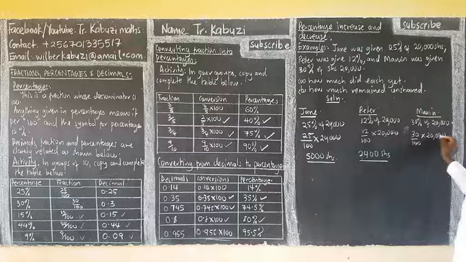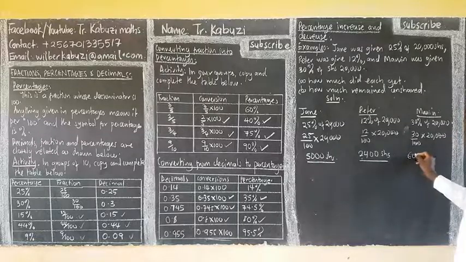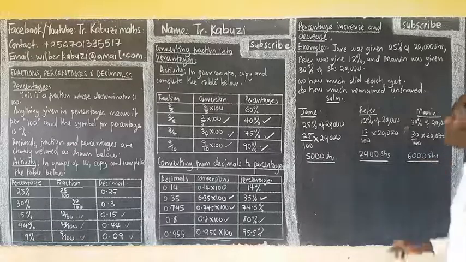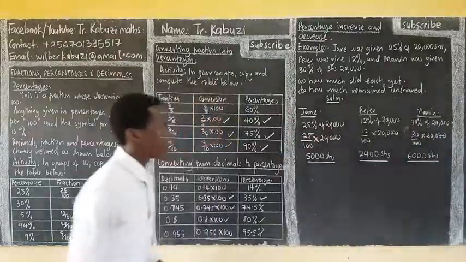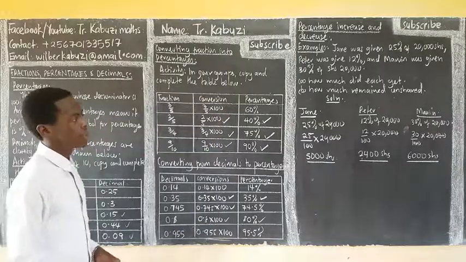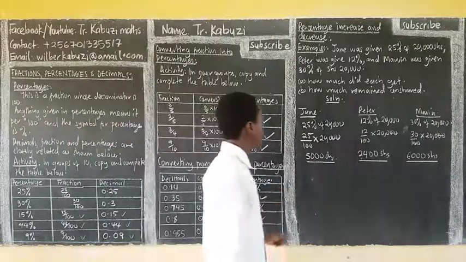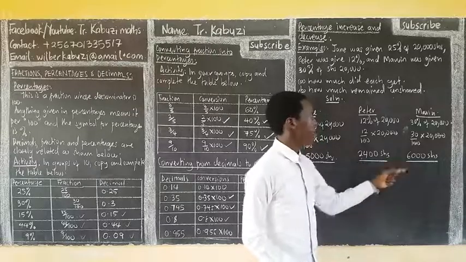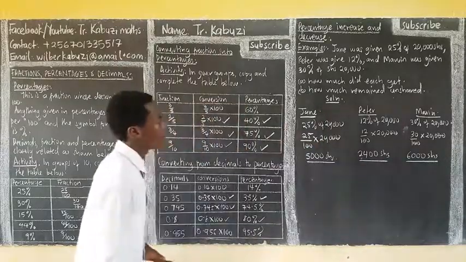So these two zeros are going away. So there we have 6,000 shillings. So that's how much we expect each of them to get. This one got 5,000, this one 2,400, and then this one got 6,000 shillings.